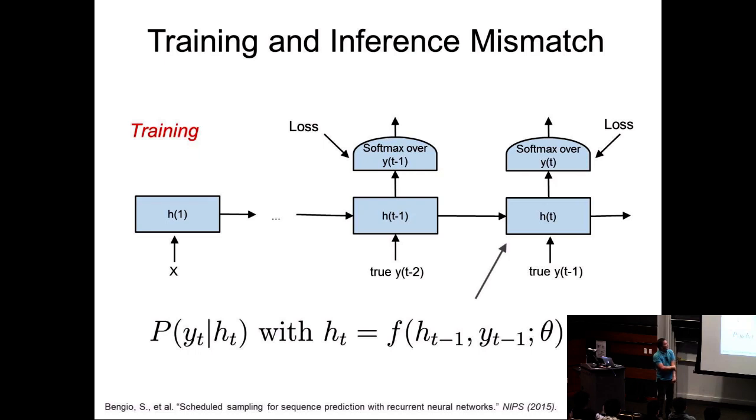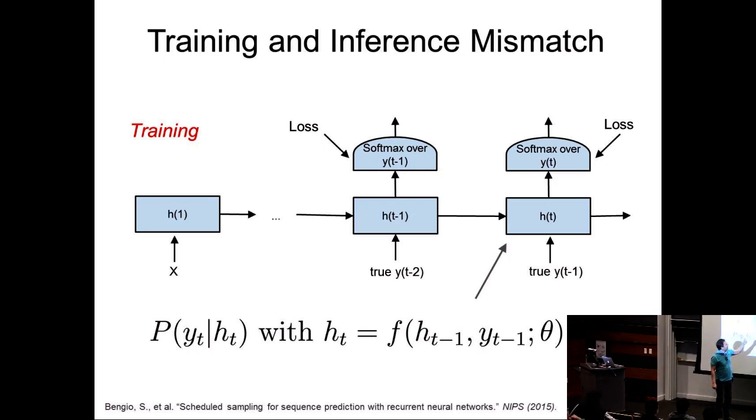Now, there is one thing you have to worry about, which is called training and inference mismatch. So let's see what we're doing at training time. I have some input, let's say an English sentence, I encode it, and then during decoding, what is it that I do?